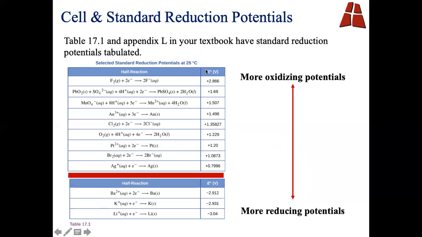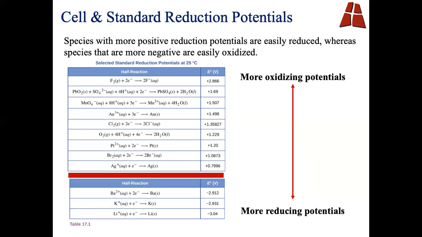Anytime you see this E naught, that is called a reduction potential, and that is the potential of that half reaction under standard conditions. The more positive it is, the more oxidizing something is, and the more negative it is, all the way down to lithium, the more reducing that thing becomes.